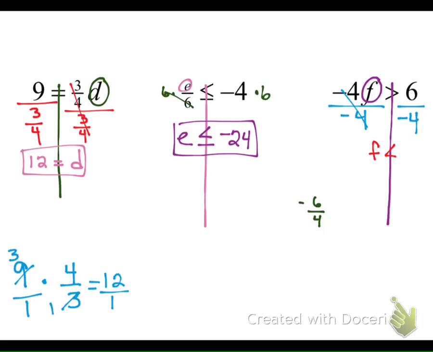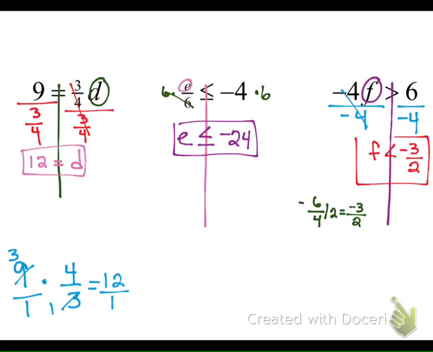Divide, but what's the word I'm looking for? Simplify. So what's 6 and 4 both divisible by? 2. So negative 6 divided by 2? Negative 3. And 4 divided by 2. Can I simplify that further? No. Nope. So my answer is going to be negative 3 over 2.